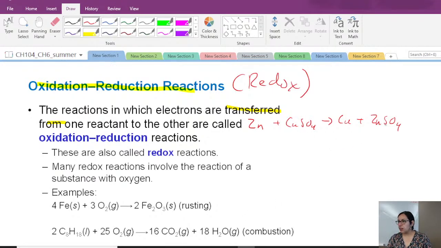What are some other basic ones we've seen? We'll break down how this was a redox reaction. Your clue of metal exchanging is always a good one, but we'll talk about that. What are some other examples of redox reactions?